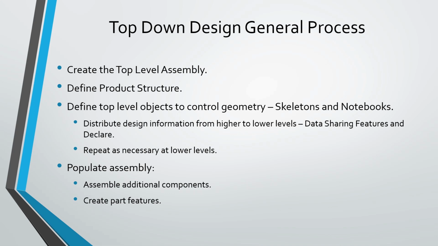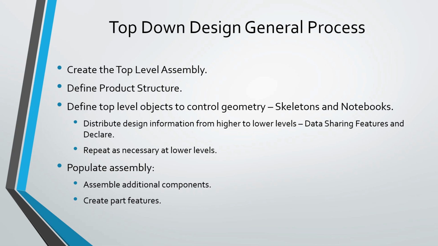And very importantly in top-down design, we want to create some objects at the top level that allow us to control our models. And those involve skeletons and notebooks. And I'll talk more about those on the next slide. And so after we create these top-level objects that contain our design information, we need to get that design information down to the lower levels, into our sub-assemblies and into our individual components.